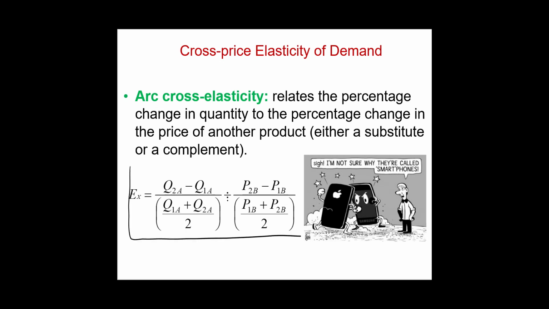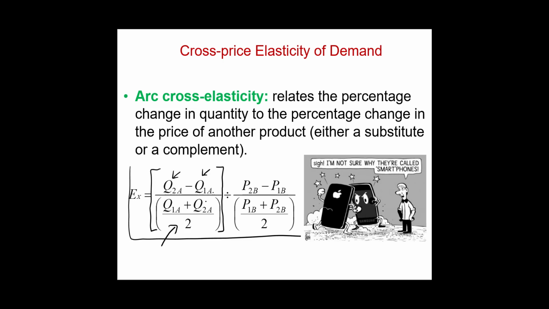Now here it looks a little daunting, but it is a very easy formula to work with. In the numerator we have initial quantity demanded of product A and then subsequent quantity of product A. In the denominator we have the average of the two quantities.